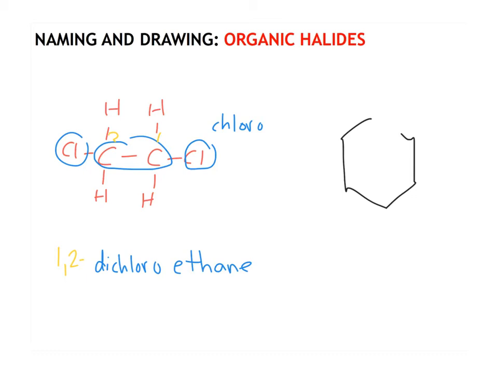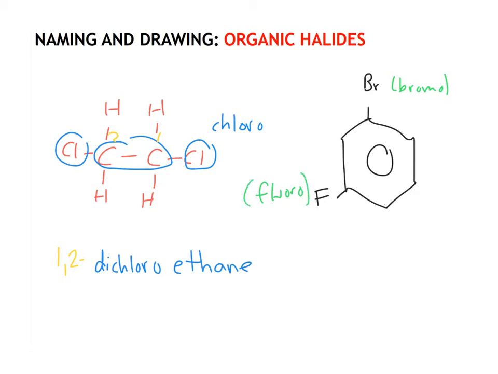Maybe we have an aromatic compound with things like this on. Maybe I have Br and I have F. So if we think about alphabetically, B comes first. So this is bromo. And this is fluoro.